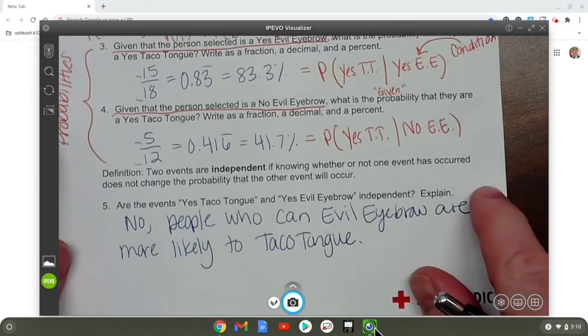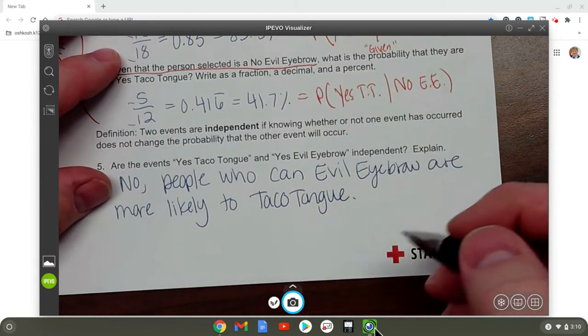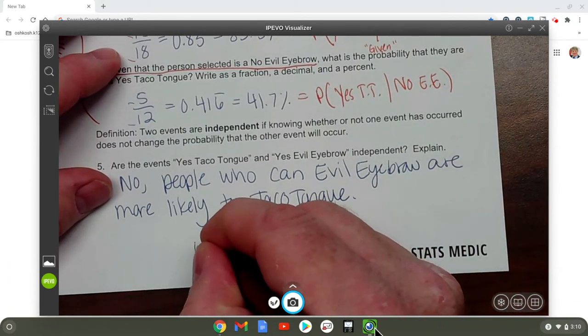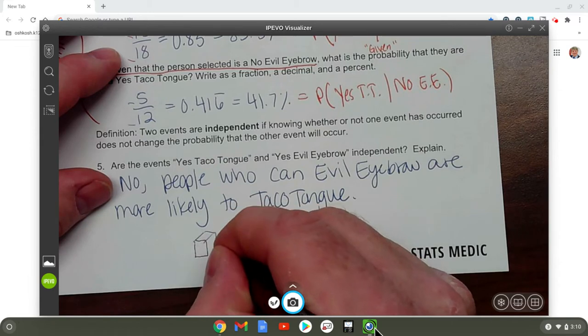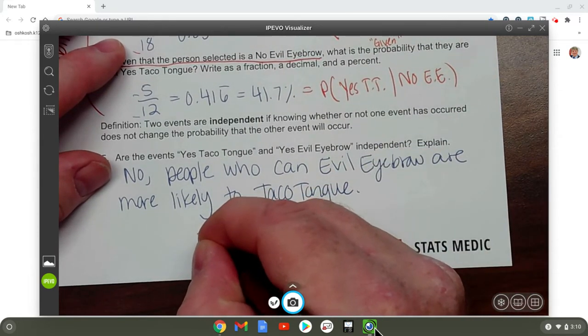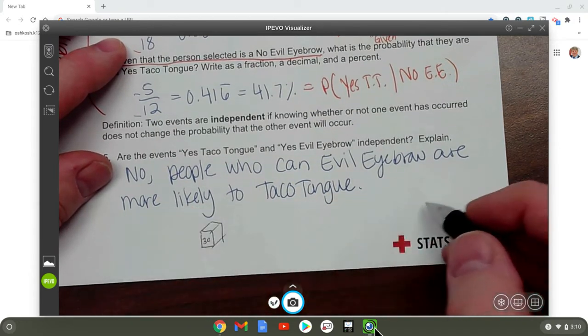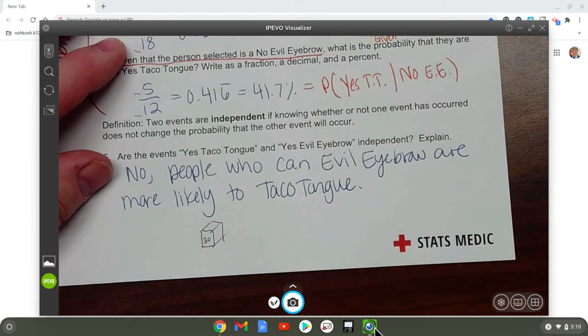Let me give you a money example. So let's say you've got all these boxes. We'll kind of make it like Deal or No Deal. You've got 30 boxes and you've got 30 people. Let's say that these people are all sitting in a row and they've each got a box, and one of the boxes has $1 million in it.